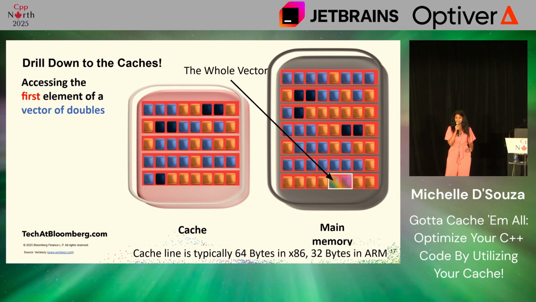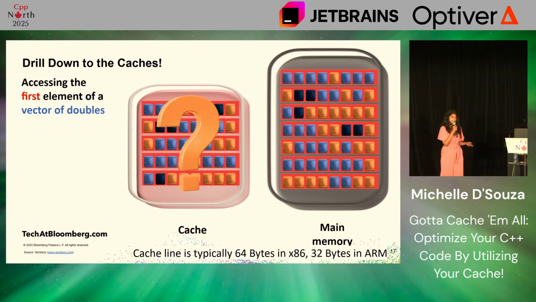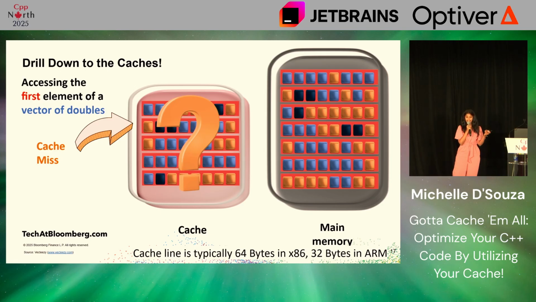Let's say the whole vector is in memory. You'd first look in the cache, and you see, oh no, the vector isn't there. Because of that, you get a cache miss, and then you go on to main memory, and you finally find your first element of your vector.